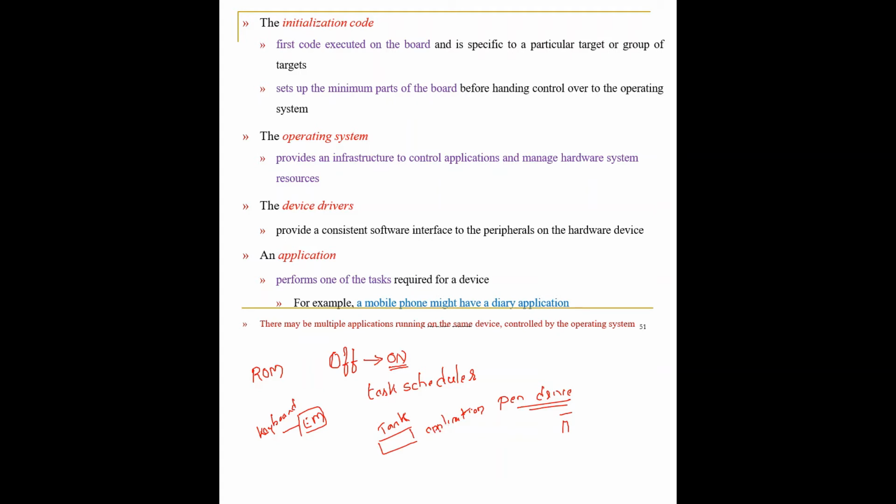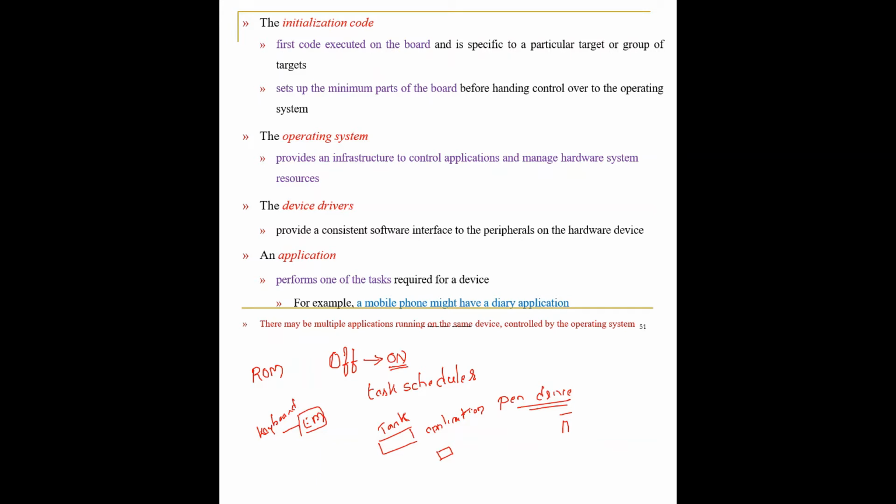Those codes are called application, or application code. When you open your mobile phone, you have WhatsApp. WhatsApp is nothing but a set of codes. When you run those codes, you can communicate with a person who is staying somewhere far away. Very similarly, in the embedded system, you will have different applications for different purposes.